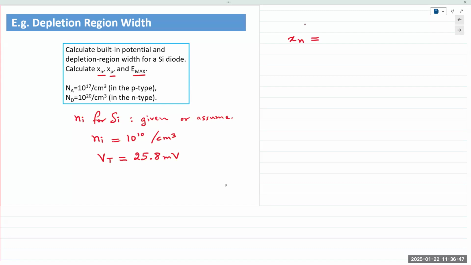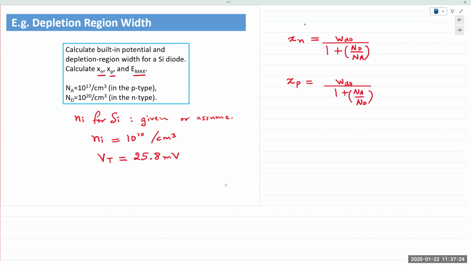Xn is WD0 divided by 1 plus Nd over Na, and Xp is WD0 divided by 1 plus Na over Nd.